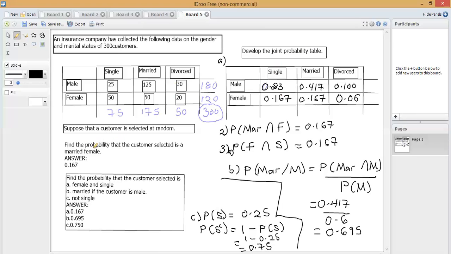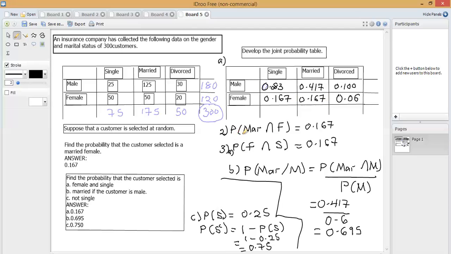Let's come to the second question. Find the probability that the customer selected is a married female. This is straightforward. Married and female. The intersection of married and female, which is this 0.167.